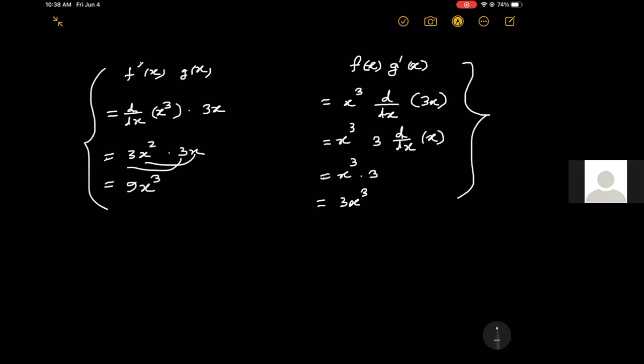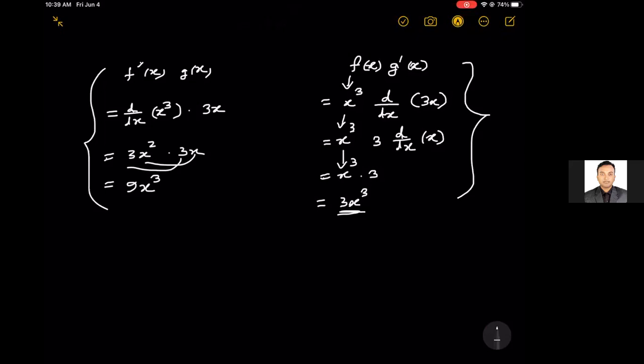Which part? Sorry. What I'm saying is that the final answer, the 3x cubed, should be 3x squared when you differentiate it. On my right, here? Yes, your final answer. I didn't differentiate x cubed here. As I said, I'm keeping the first function. Oh, okay. You multiply it. Right, I'm sorry. Exactly. No problem.